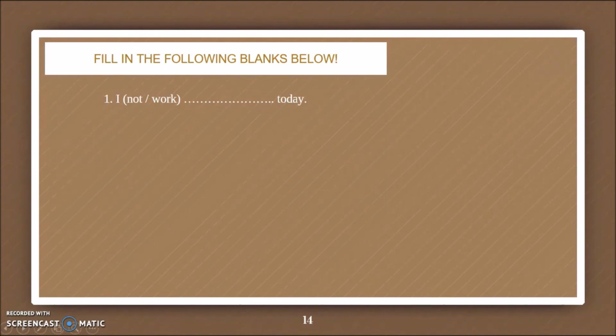So the first thing we have to do is we have to put the auxiliary verb based on the subject I, and we have to add not after the auxiliary verb, and we have to change this verb into the past participle or verb 3. So the answer of number 1 is I haven't worked today.